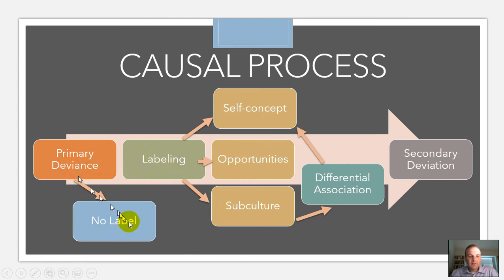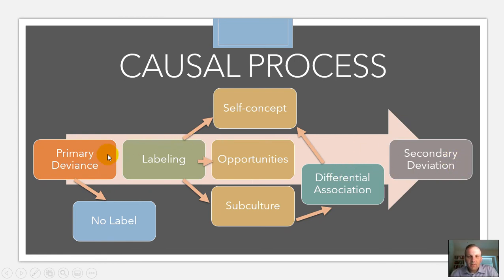But generally, no label is attached. Maybe the individual gets corrected by their parents or a friend who says, hey, don't do that, don't do those drugs, what are you doing, you're an idiot. And then they stop. No label is really attached, and they don't necessarily have a justification to move on to secondary deviation.